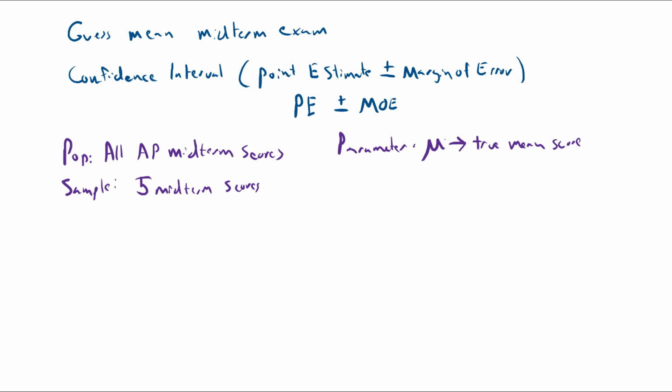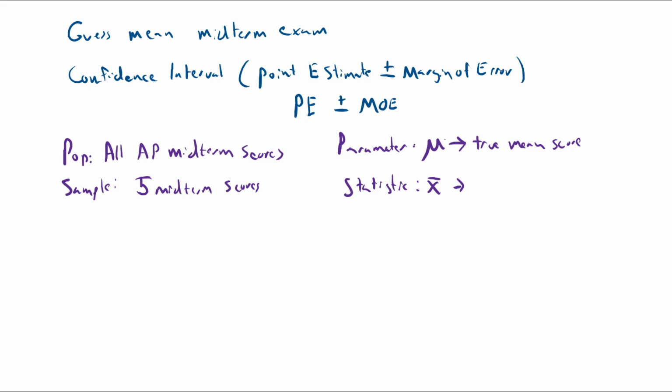And with this, the statistic is going to be our 5 scores we get, in which case, it will be the mean value that we get from our 5 scores.